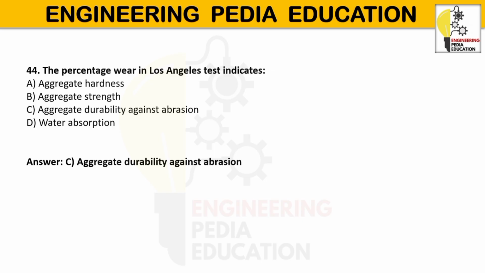Los Angeles test is performed to determine the resistance of aggregate to wear, abrasion and impact due to traffic and mechanical action. It measures hardness and toughness of aggregate and is used to check the suitability for road construction and pavement. And what IS code is used? IS 2386 part 4.